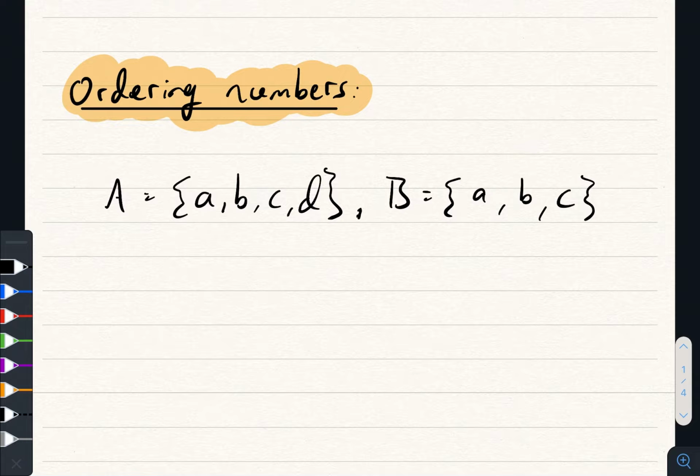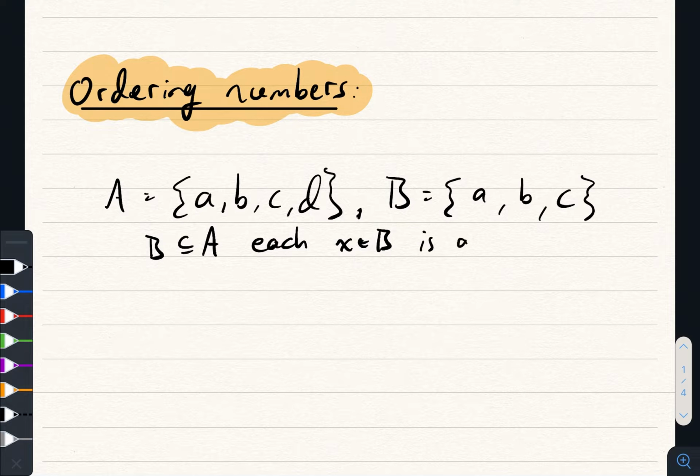So one thing that we can say is that B is a subset of A because each element in B is also in A. This element A also shows up in this set, this element shows up in that set, and this element shows up in that set.